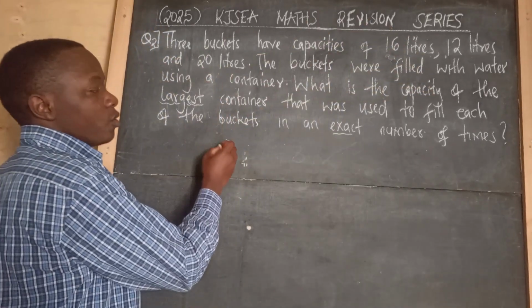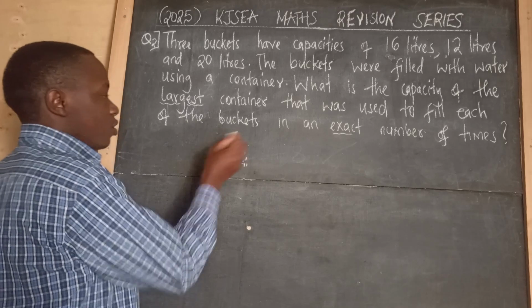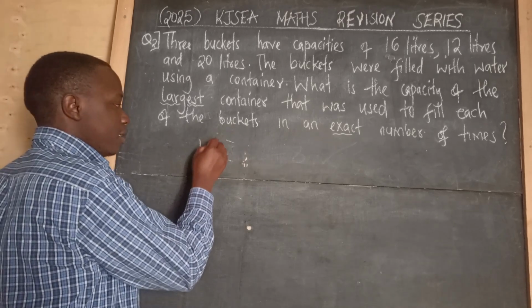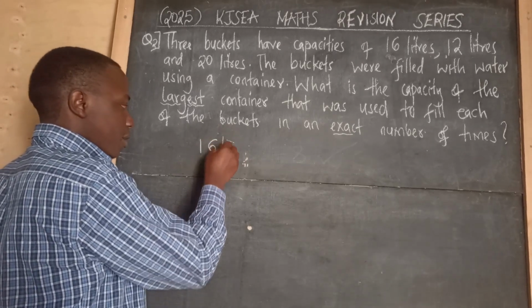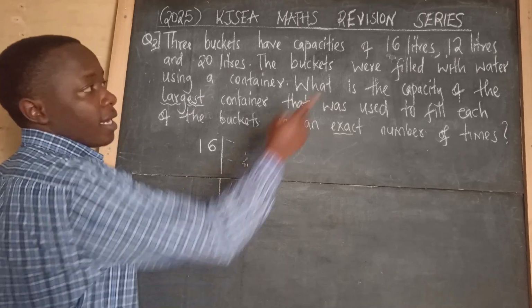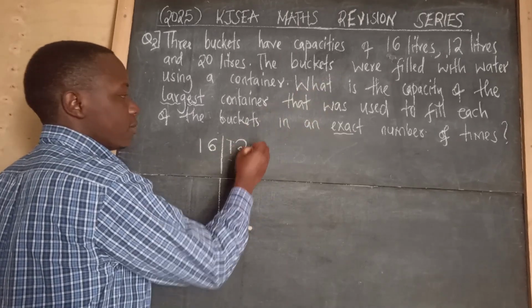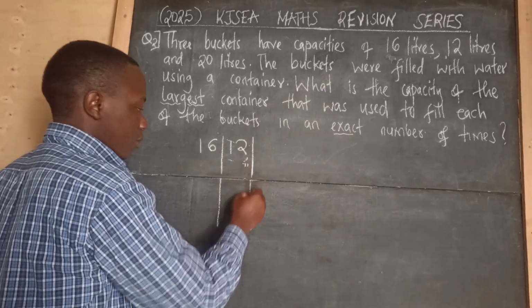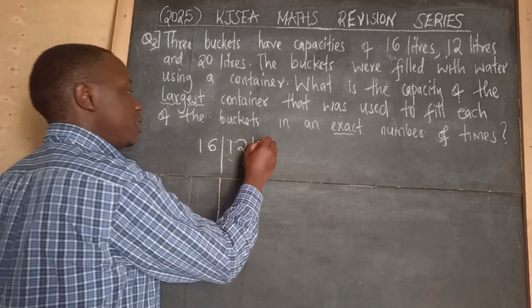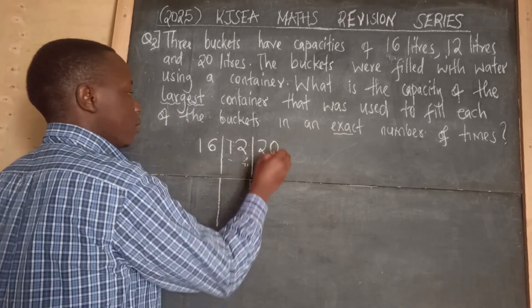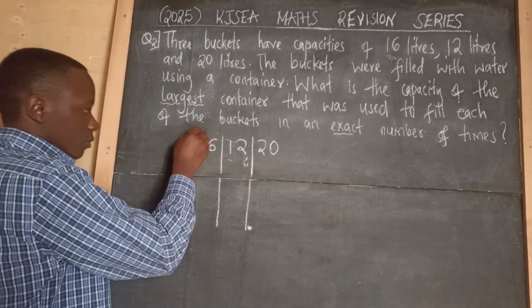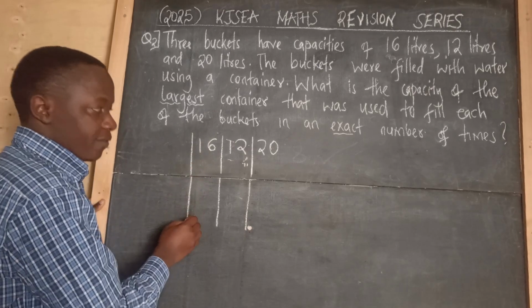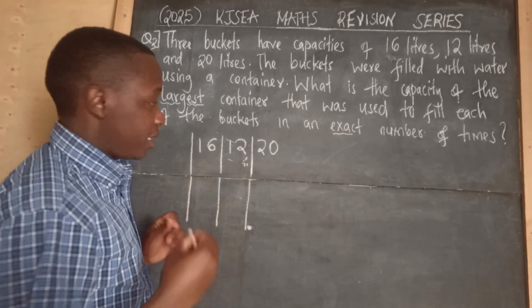So I'm going to list those numbers here. So I have 16, then I have 12, then I have 20. Okay? So let's factor out these numbers and get the GCD.